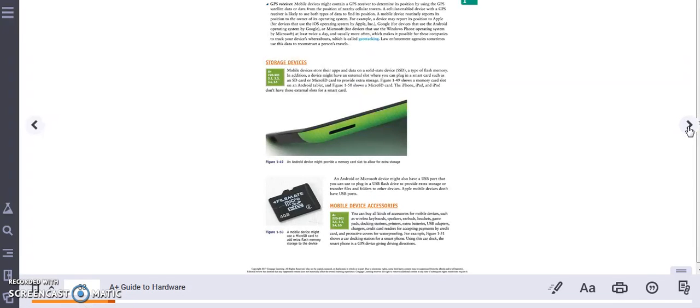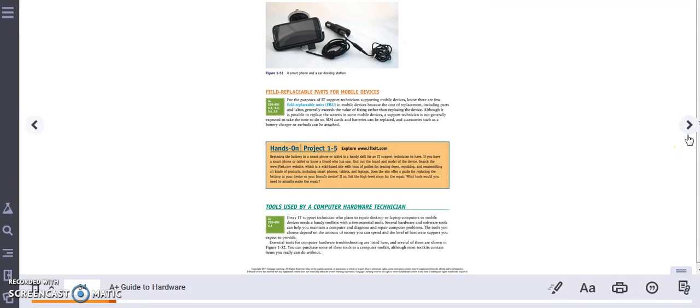Page 33, we get into different types of storage devices and mobile device accessories. Page 34, we have a hands-on project 1-5. You can write about this if you'd like.